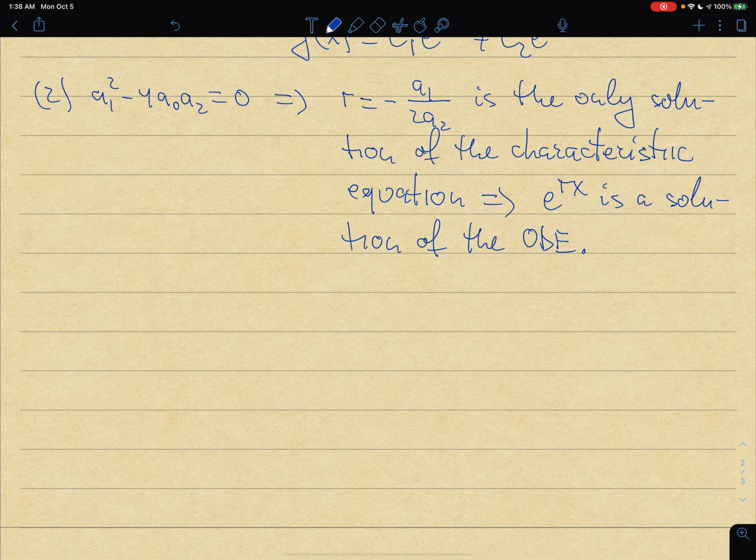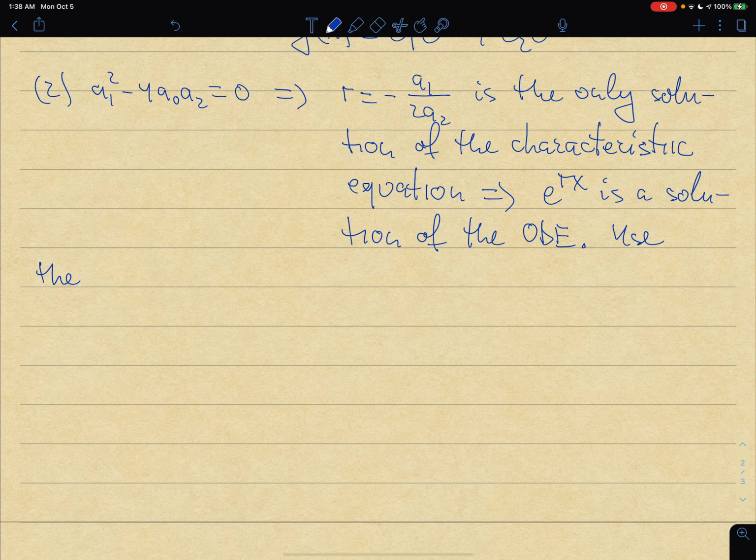But I'm trying to find the fundamental set of solutions, so I need not just one solution, but two. So how do I find the second solution? That is the stuff that we learned in the previous section. How do I construct a second solution from the first solution? I will just use the method of reduction of order to find the second solution.